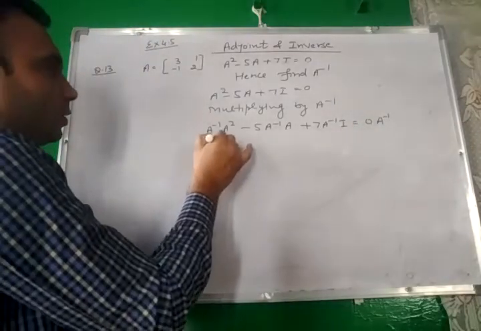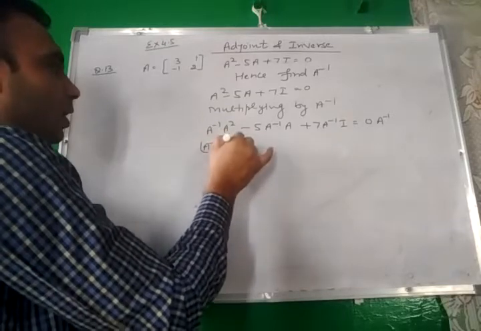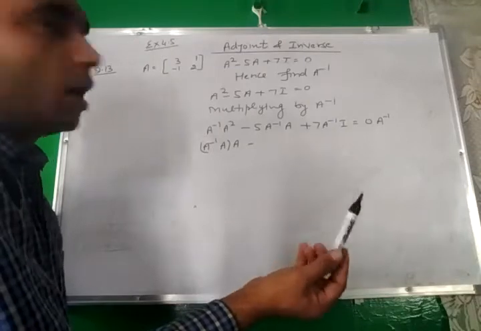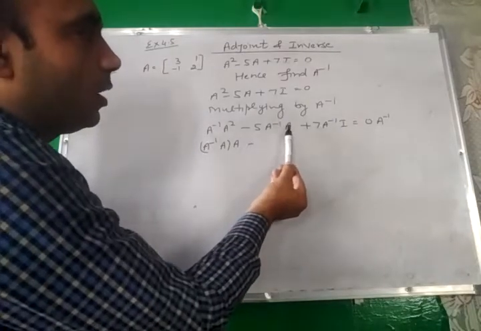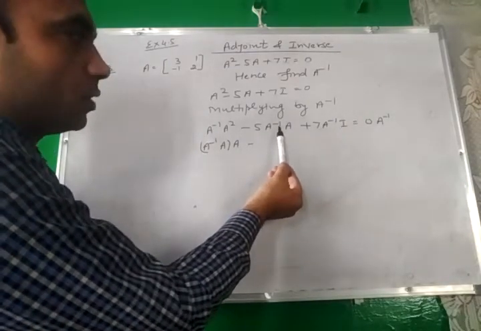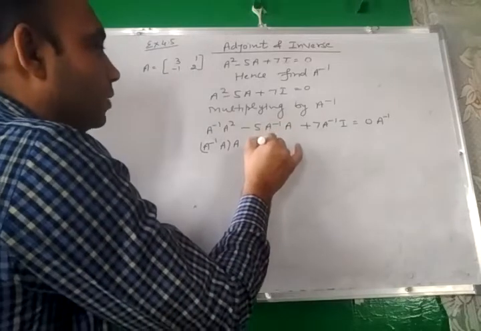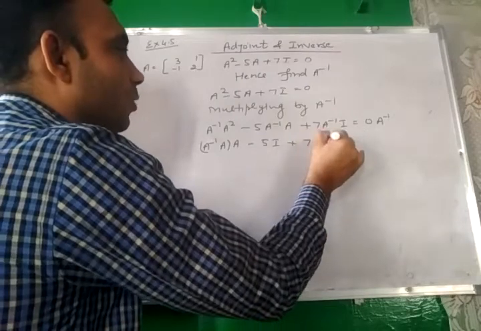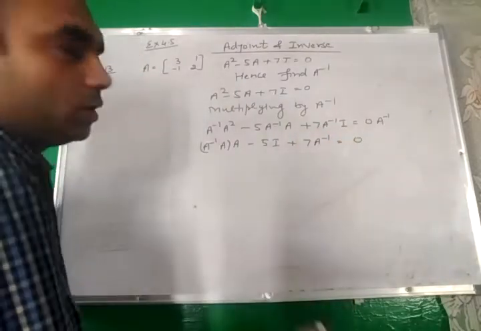अब A inverse A square implies A into A. Minus 5, A inverse A. A inverse A is what? I. The product of any matrix with its inverse is equal to I. Minus 5I plus 7 I into A inverse or 0 into A inverse 0.